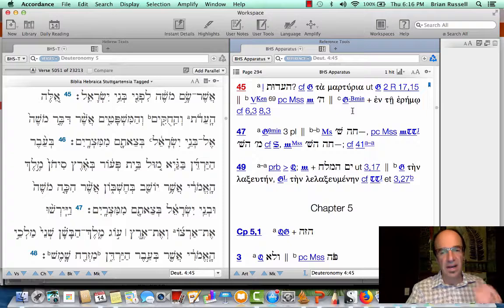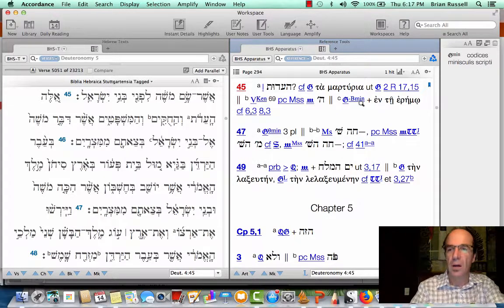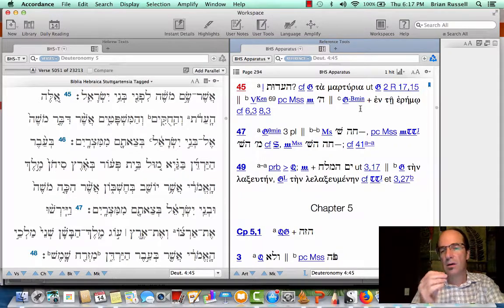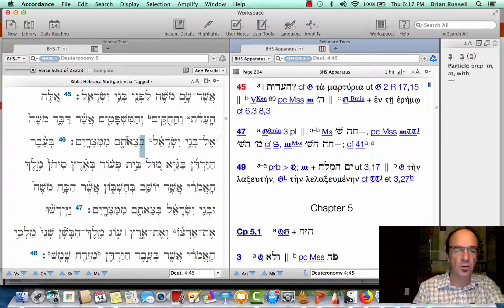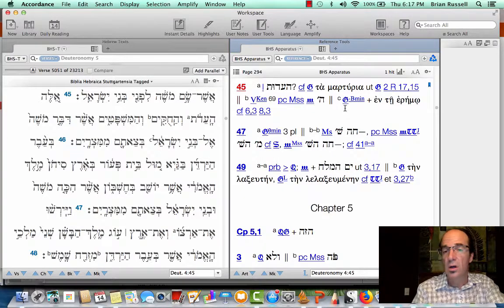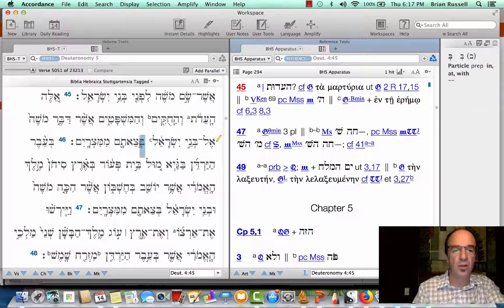B is the Vaticanus manuscript of the Septuagint, and then there's a few other minuscule editions of the Septuagint that add the word en te eremo. This means in the wilderness. In other words, there's an addition here. So in a few versions of the Septuagint, but not all, there is the addition of in the wilderness.